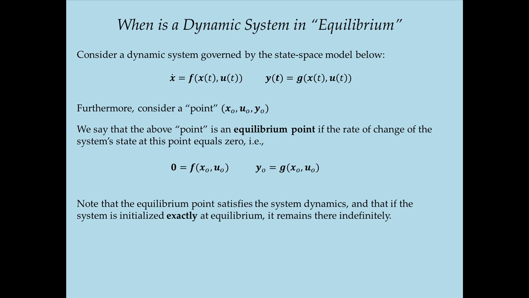The state should not change; x dot will always be 0. The operative word here that is very important is exactly. We will see later on in these tutorials that the system may experience non-trivial change if you initialize it slightly off from equilibrium.